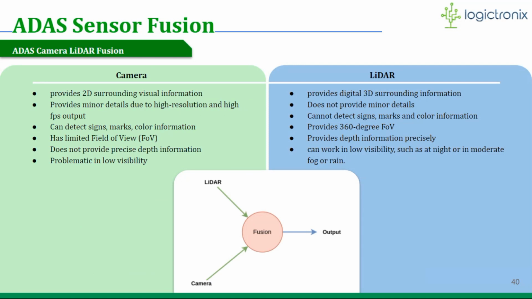Okay, the following table clearly explains why we need sensor fusion. You can find these advantages and their limitations in this table, and that's why you will be able to know why we should do LiDAR and camera fusion.